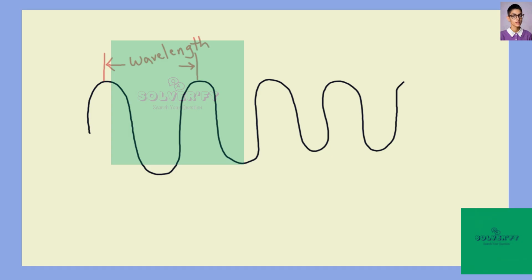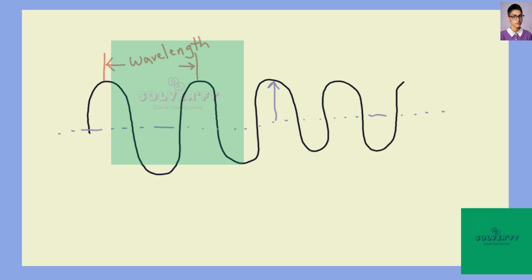The other important feature of a wave to know is amplitude. If we put a dotted line right through the middle of this wave, the amplitude is essentially the distance from the middle of that wave up to a crest.